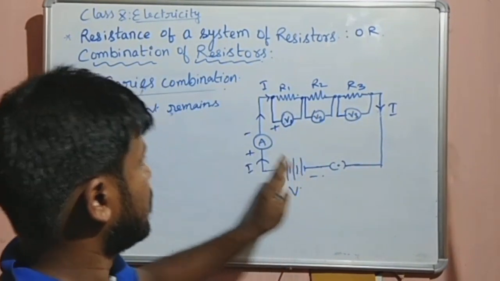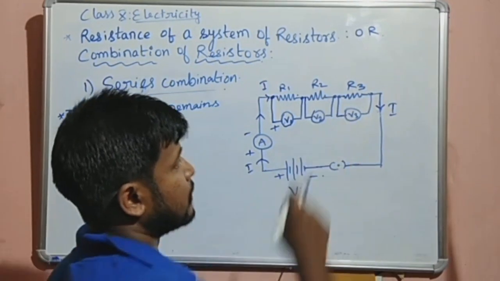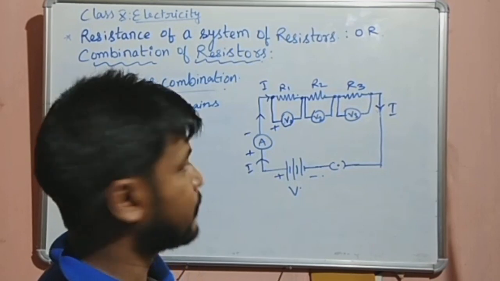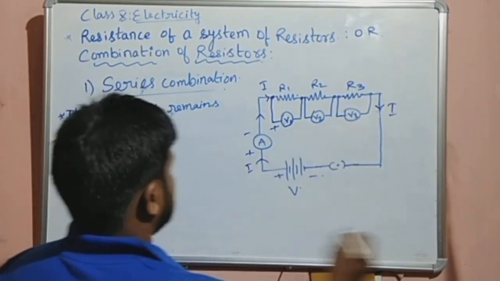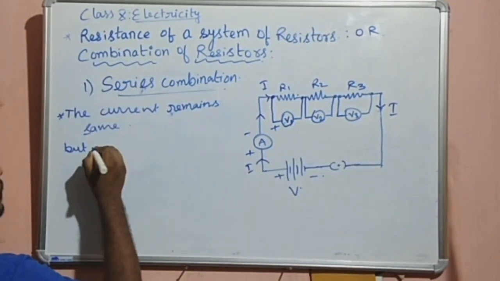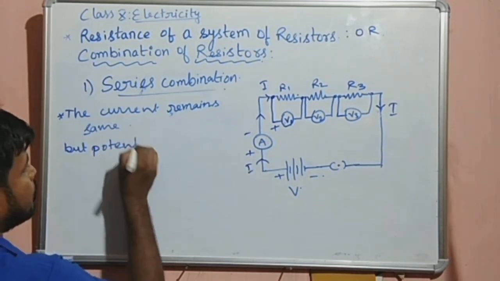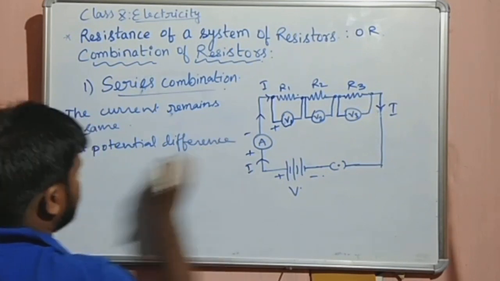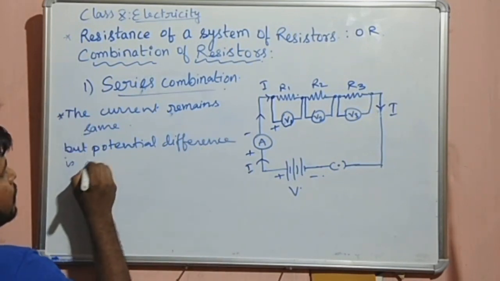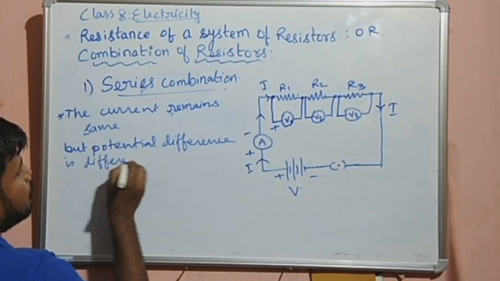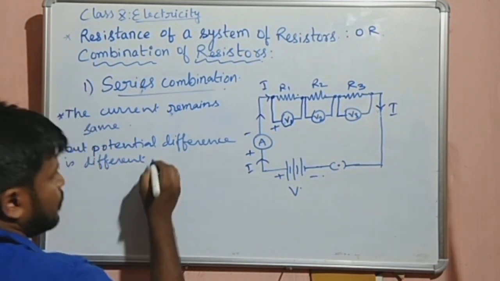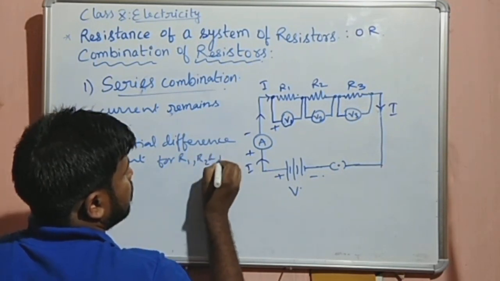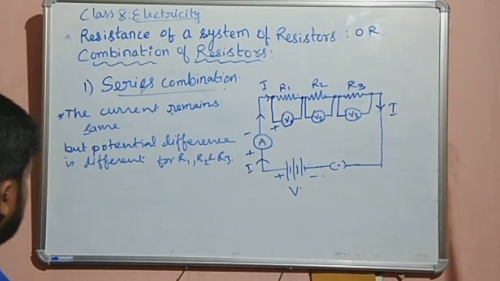The potential difference consumed by these three resistors is different because of their different values of resistance. Are you getting it? So what is different here? The potential difference is different for R1, R2 and R3. Therefore, you apply Ohm's law.